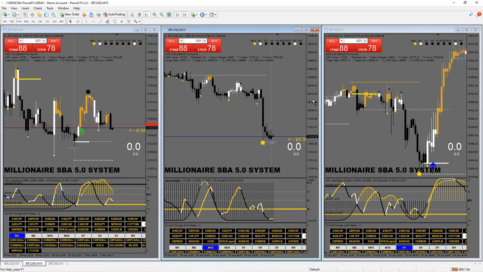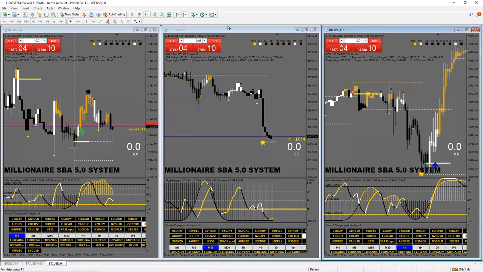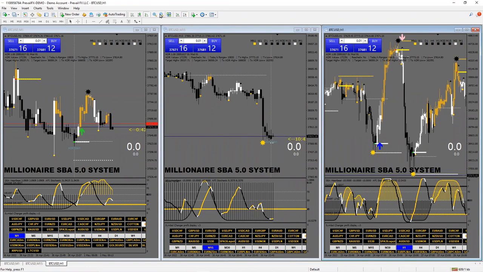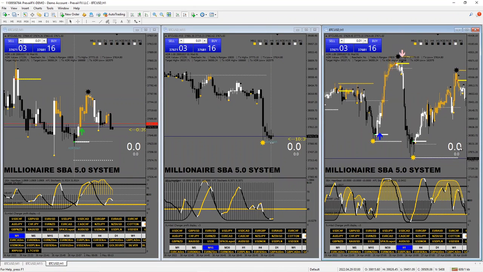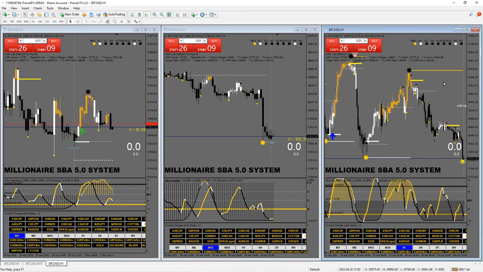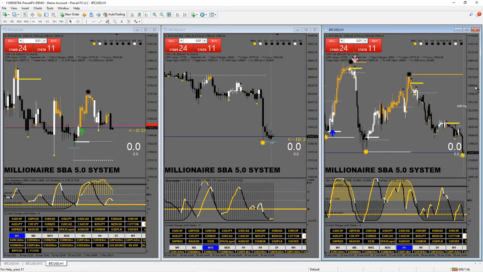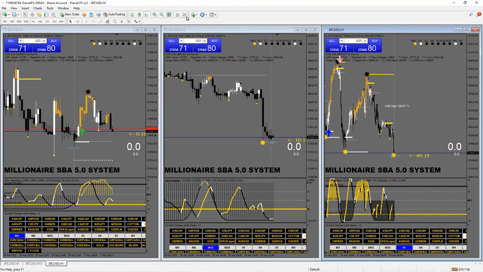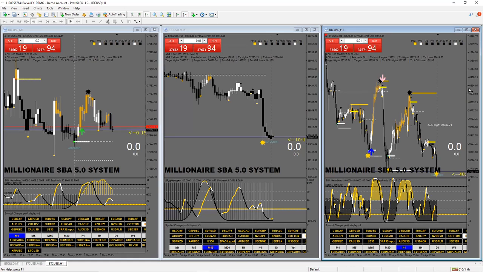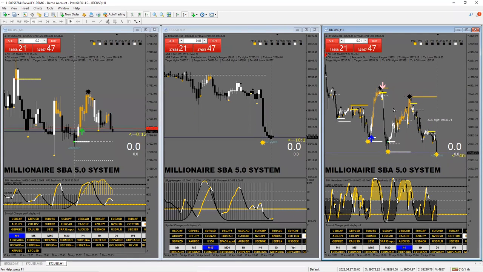The advantage to doing this is that you are able to have a clear picture of the direction that you want to go, because your hour is going to tell you what the actual true trend is.